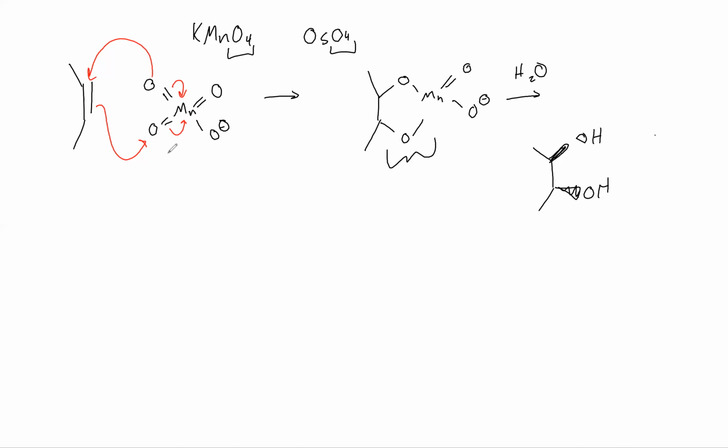We can also do something called catalytic syn-dihydroxylation, where instead of using KMnO4 or OsO4, we use OsO4 plus. But again, this is not a mechanism you really need to know for this class. Just know that syn-dihydroxylation can be done with KMnO4, OsO4, or catalytic Os. Okay? That's syn-dihydroxylation and anti-dihydroxylation.